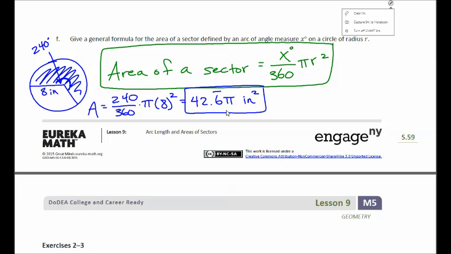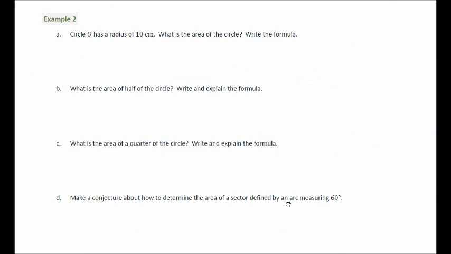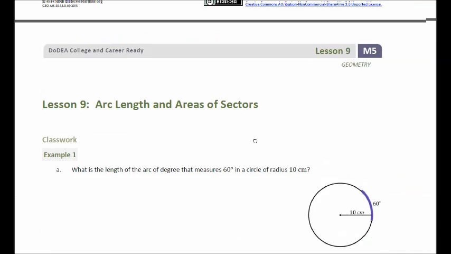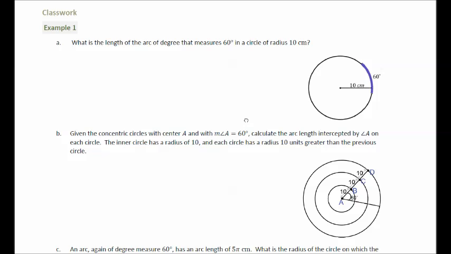Now let's go to the very top and use the same idea, the same thinking, to talk about how to find the length of an arc. In A, it asks, what is the length of an arc that measures 60 degrees? So here, this arc right here is 60 degrees in a circle of radius 10 centimeters. I want to know the length, not the measure, of this arc.